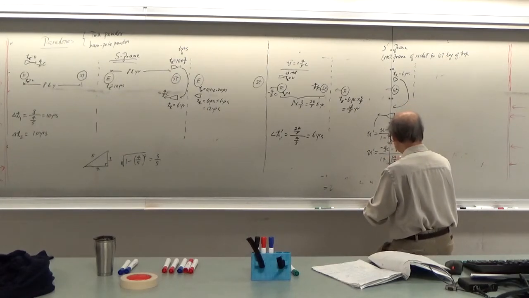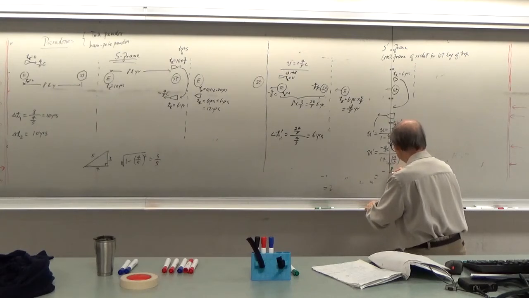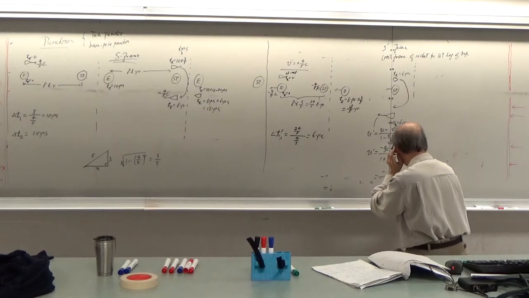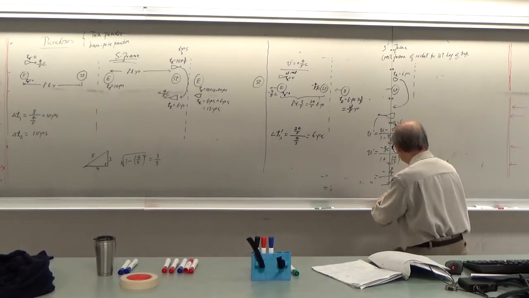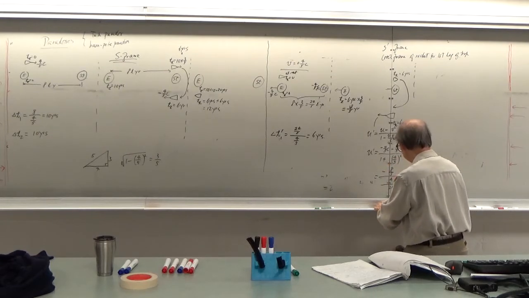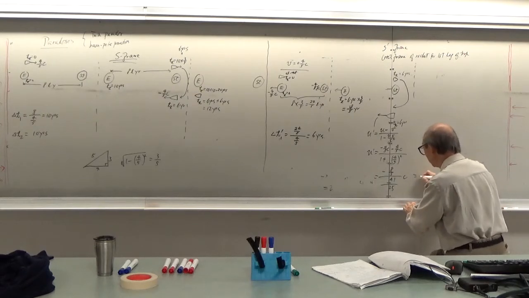And this is equal to minus 8/5 divided by, let's see, 25 plus 16 is 41, times the speed of light. Let me simplify.